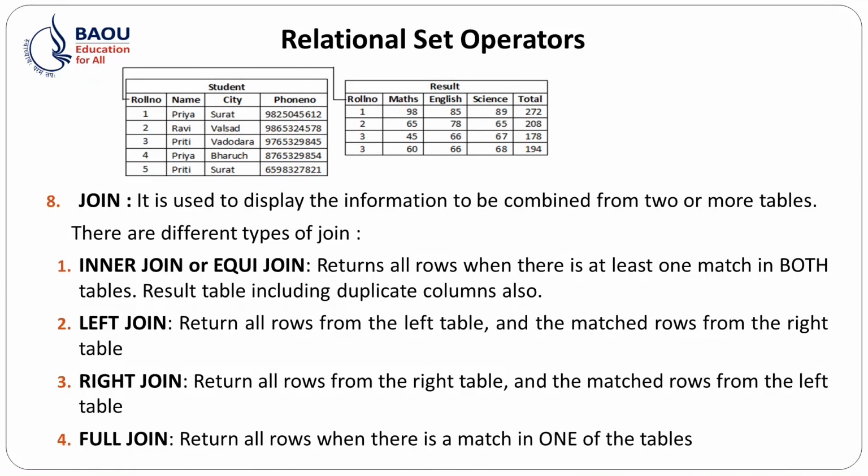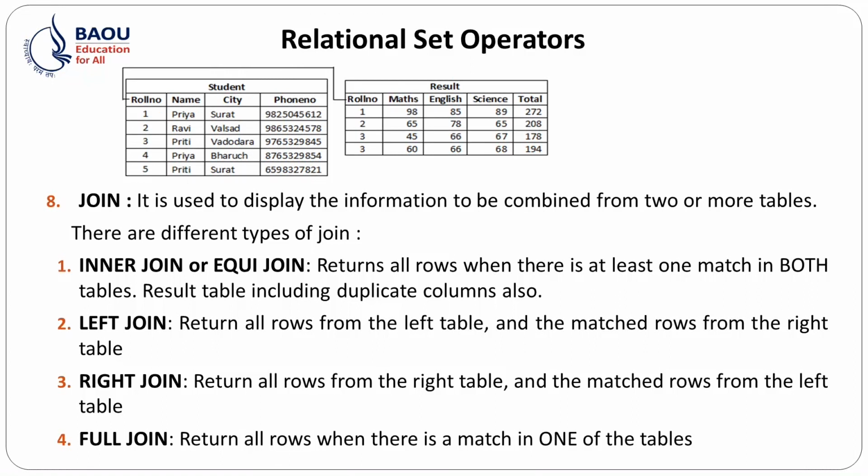It returns all the rows when there is at least one match in both the tables. Inner join means at least one match. So in both the student table and the result table, records 1, 2 and 3 are displayed in an inner join, because these three records match in both tables.